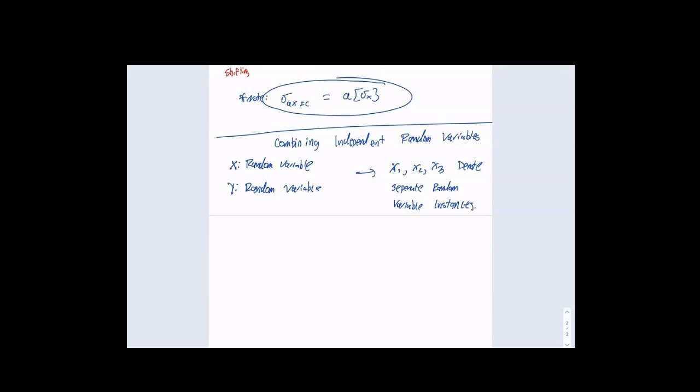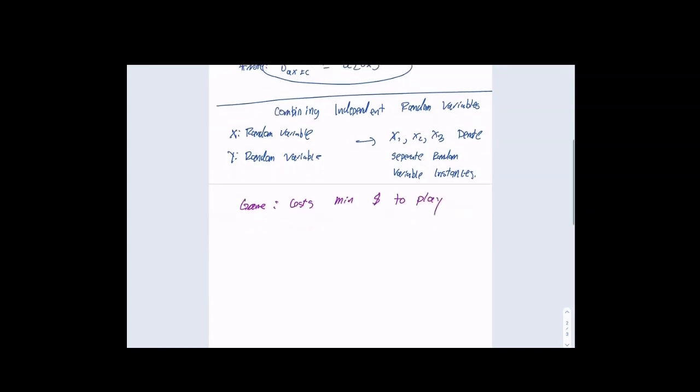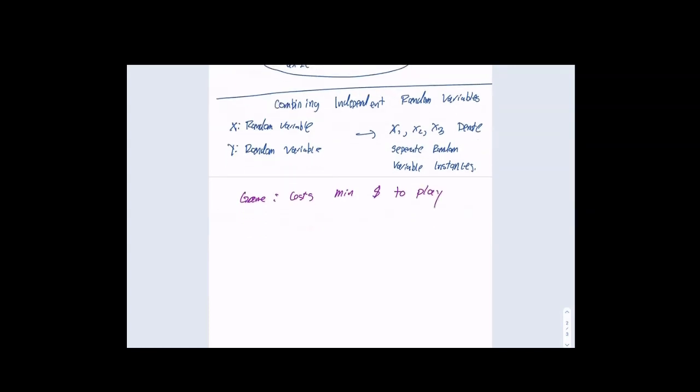So make sure that you understand the difference if you have a game and you have two choices. The game costs a minimum of $1 to play. You have $3.